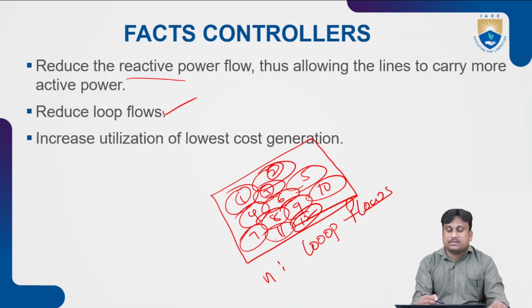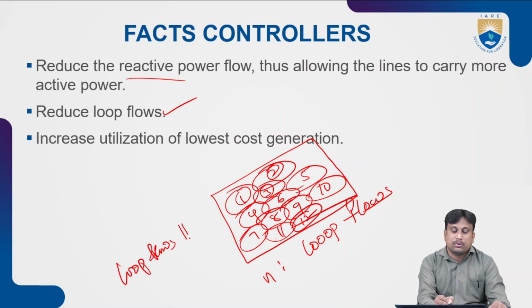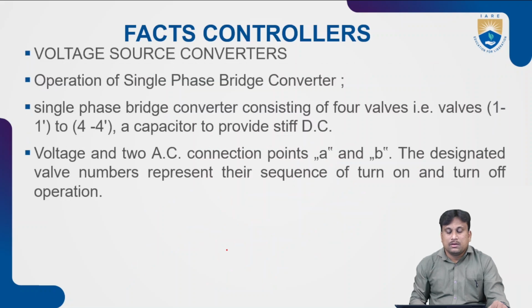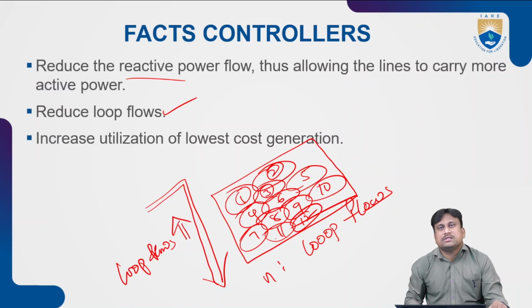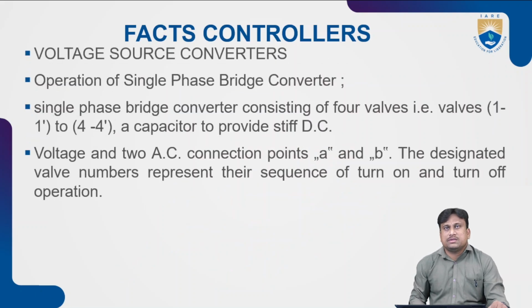So as the number of loop flows is more, this will make sure of reducing the loop flows and also increase the utilization of the lowest cost generation.